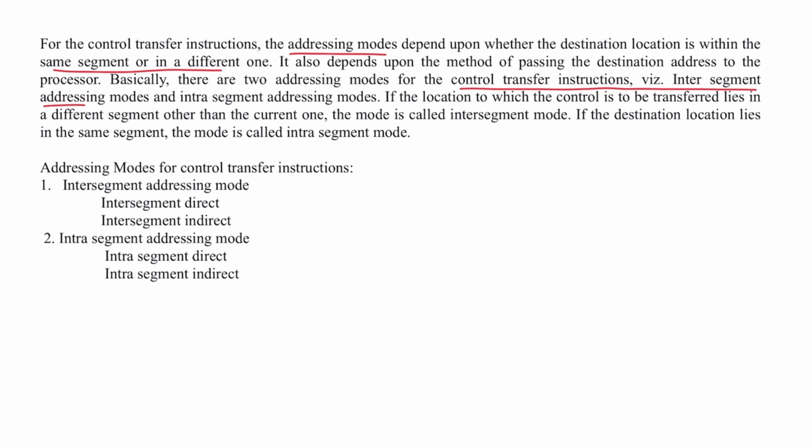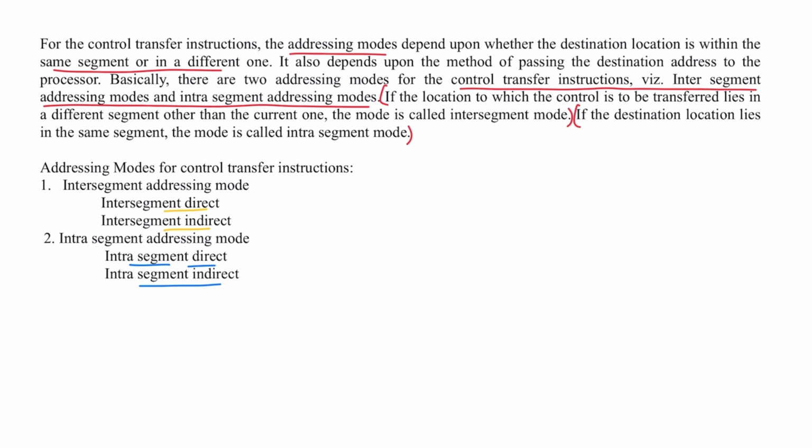In inter-segment addressing, if the location to which control is to be transferred lies in a different segment other than the current one, then it is inter-segment. If the destination location lies within the same segment, then it is called intra-segment. So the addressing modes are inter-segment direct and inter-segment indirect, and intra-segment direct and intra-segment indirect. Four different classifications are given.